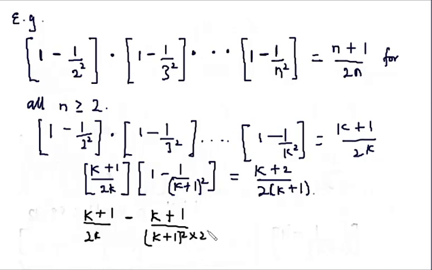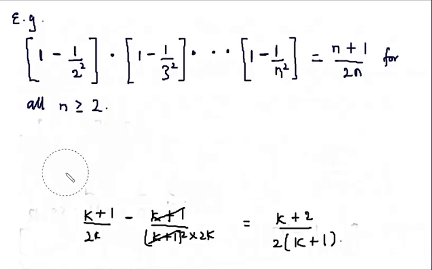Okay, so we know that k plus 1 can cancel out k plus 1 from that here. So this is equal to k plus 2 over 2 open bracket k plus 1. Okay, so let's clean up extra space. So from here we have k plus 1 over 2k minus 1 over k plus 1, 2k.